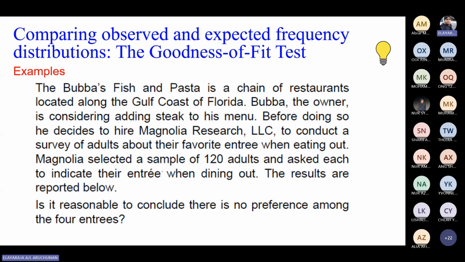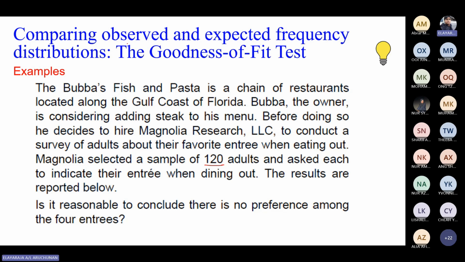Is it reasonable to conclude there is no preference among the four entrees? This is the main question and objective we're going to address.